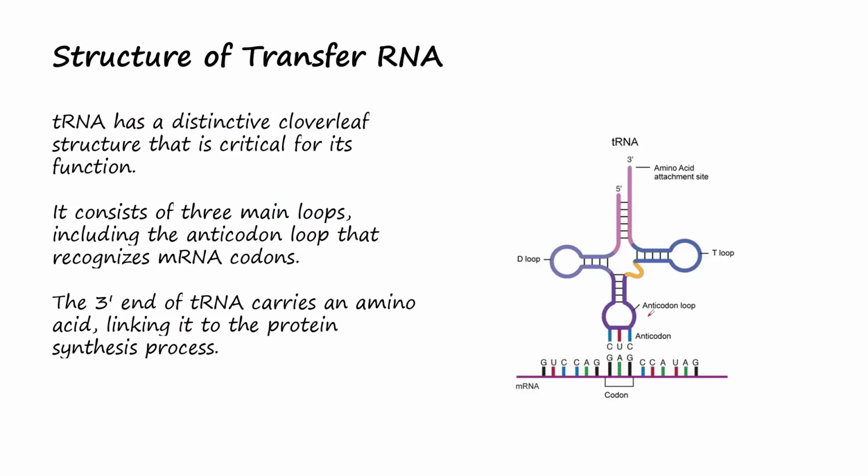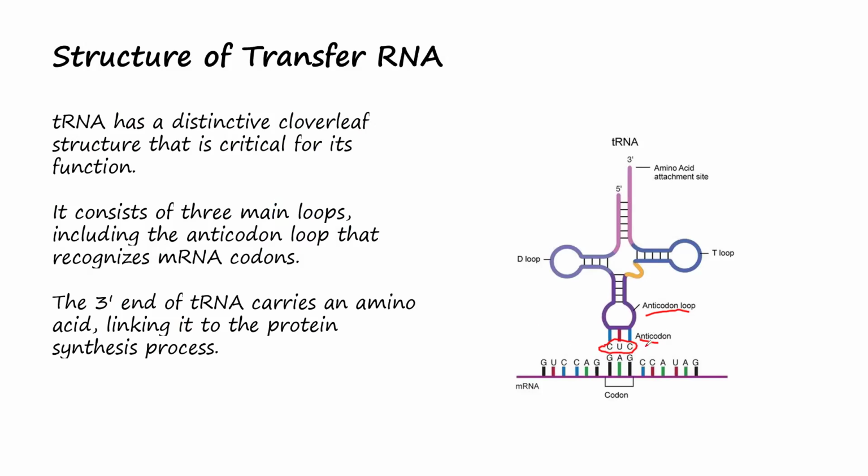So you can see this is an anticodon loop where it actually has anticodons, and each of these anticodons is complementary to a sequence of codons in the messenger RNA. So it is these anticodons that are used to recognize the mRNA codons.